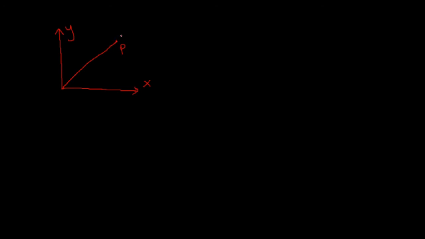My radial direction would be this way. So this is r cap and my theta cap would be perpendicular to this, right? So this would be my theta cap. So my unit vectors, that is i cap and j cap.